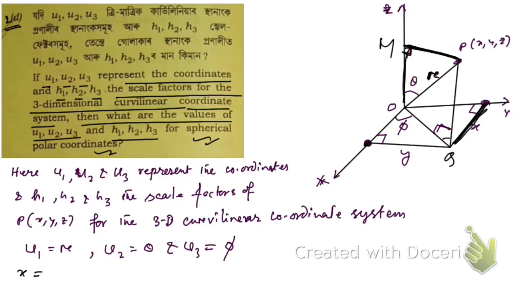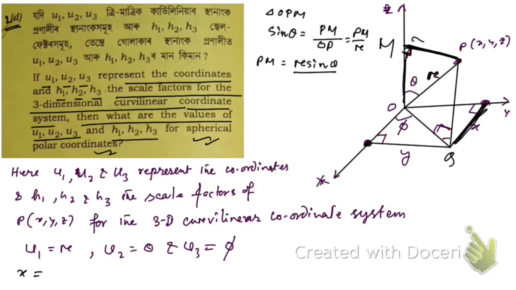From this triangle OPM, you don't need to write this part, just let me show how we have got all these coordinates x comma y comma z. From this triangle you get sine theta is equal to the perpendicular PM by the hypotenuse OP, which is r. So PM is equal to r sine theta.